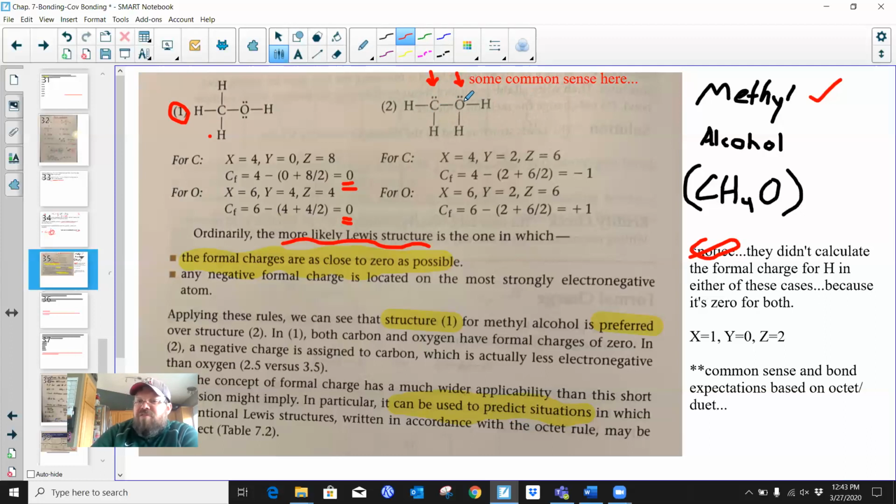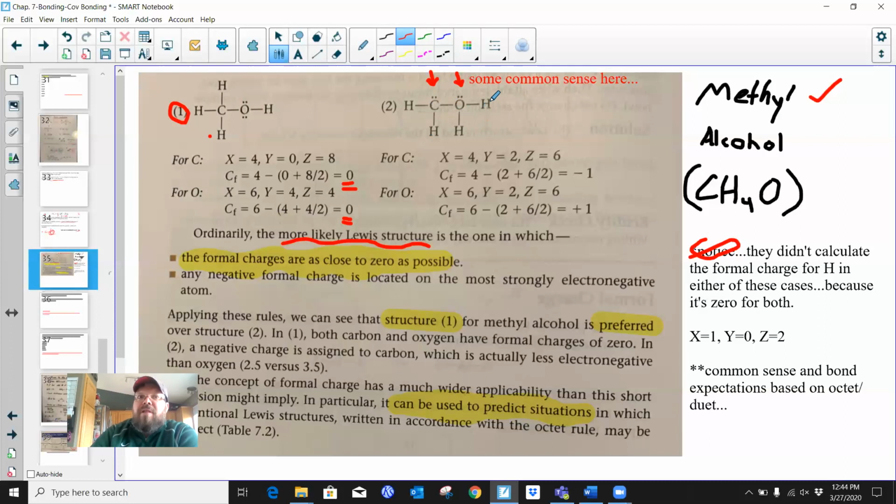We know that oxygen is in group 16. It's got 6 valence electrons. It's 2 short of an octet. So we know that oxygen has a tendency to want to make 2 bonds. But in this case, it's showing it with 3 bonds, right? So that should raise a red flag in your mind as well. But if you laid out the Lewis structure for this, we still got the same number of electrons.